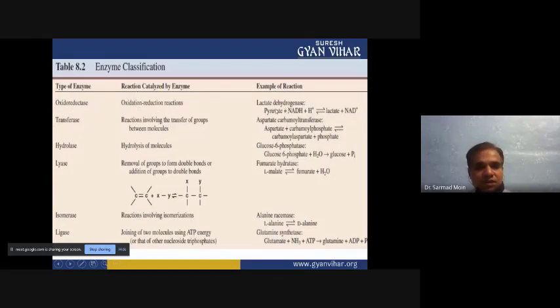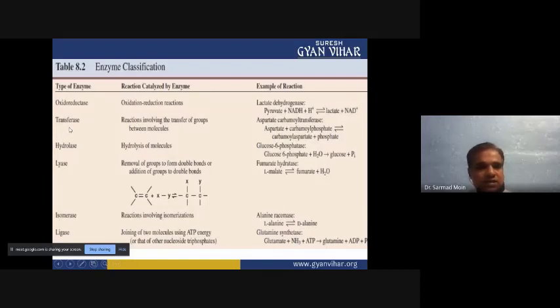One example is lactate dehydrogenase. Lactate dehydrogenase converts pyruvate and NADH and hydrogen ions to lactate and NAD plus. So as a side product, NAD plus will be produced. This NAD plus is an electron carrier.